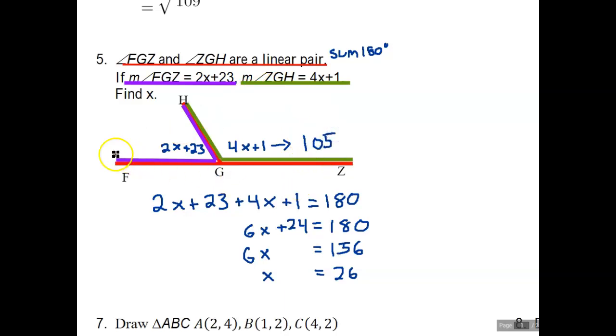And then I do 2 times 26 plus 23. I get 75. So sure enough, 75 and 105 do make 180. So that's the way you can check your answer. Make sure you plug it back in, and these actually check out to be a linear pair.